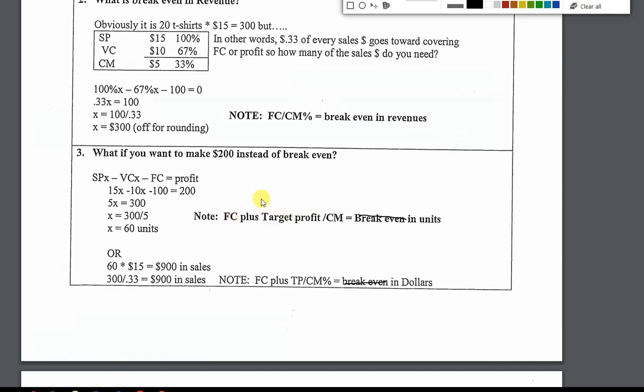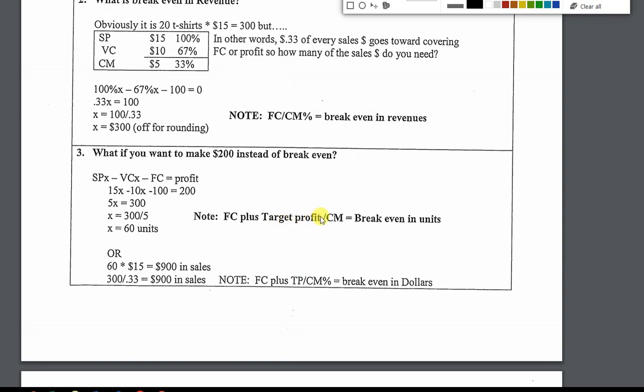So right now I have 3, 4, or 5 equations depending on how you did this one. Again, everything stems back to this one right there. A shortcut though is fixed cost plus target profit divided by contribution margin percent.